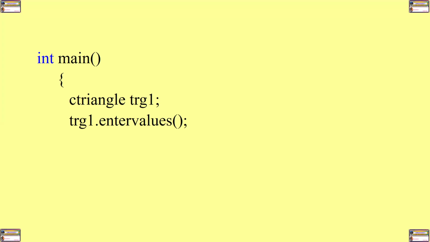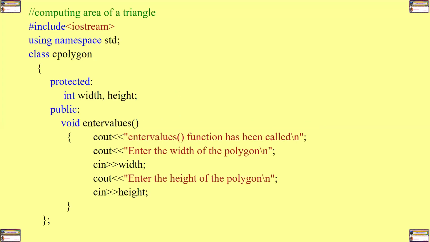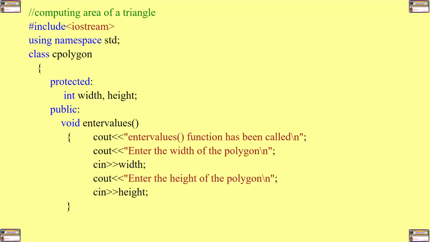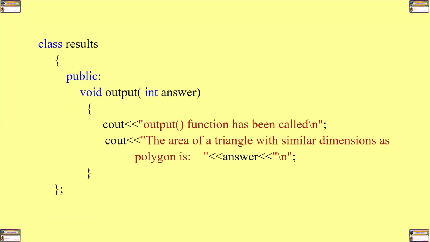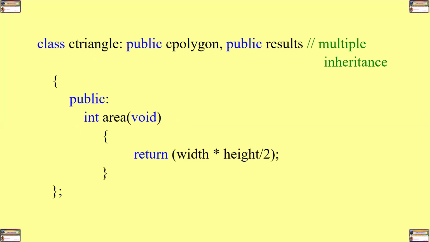Where is this function defined? The function called enter values, as you can see, has been defined in the base class called CPolygon. So you can see that the derived class is able to invoke the enter values method, which is a member of the base class called CPolygon.